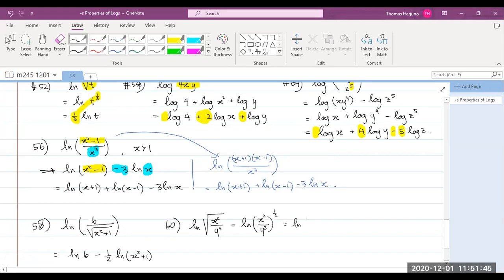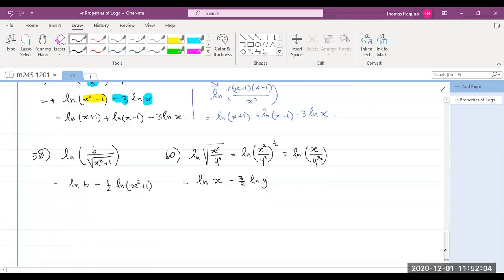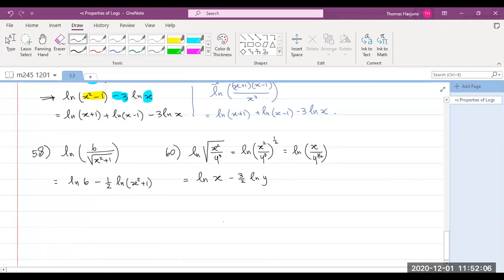This is natural log of x squared to the 1/2, that's x, over y to the power of 3/2. So this is equal to natural log of x minus 3/2 natural log of y. So I simplify the arguments first before I play with the natural log.